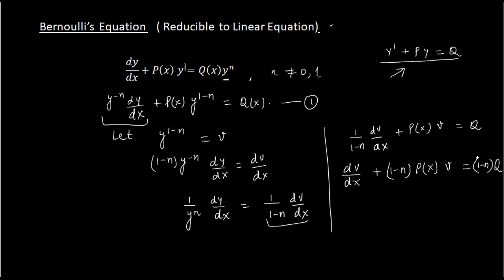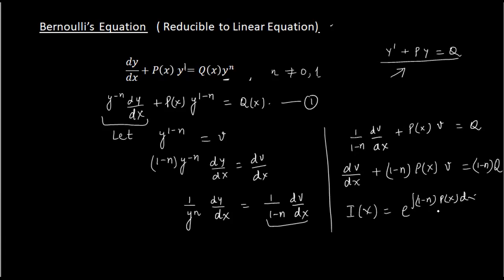Now this is a linear differential equation in v. Now we find the integrating factor, which is equal to e raised to the power integral of 1 minus n into p of x dx.